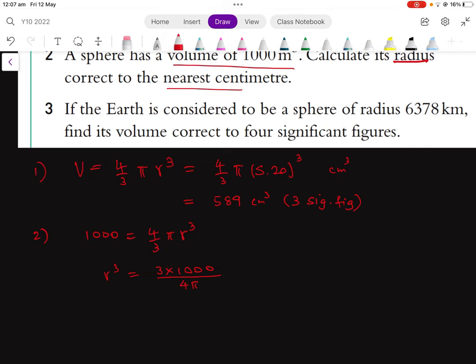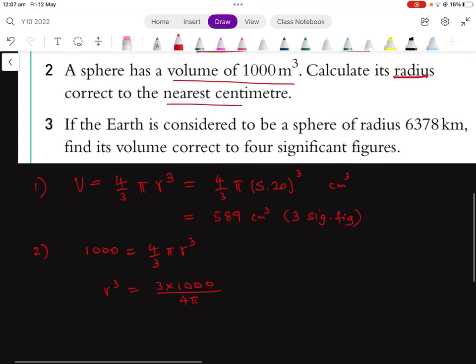The volume is given in cubic meters, so the units will be in meters, right? So you will get the answer for the radius in meters. Therefore, r is equal to, let's use a calculator for that. It should be about 6.2 something.